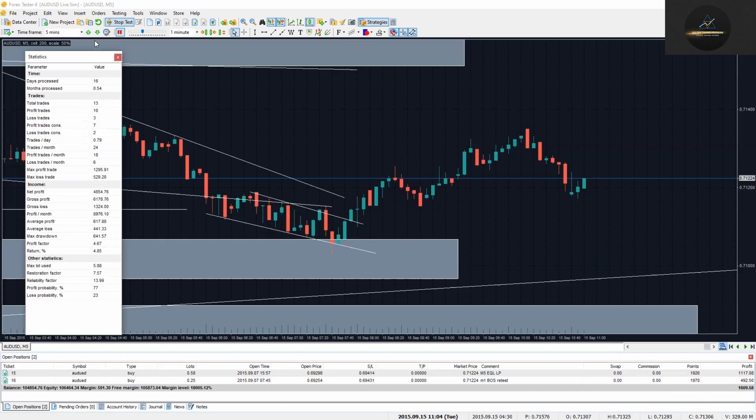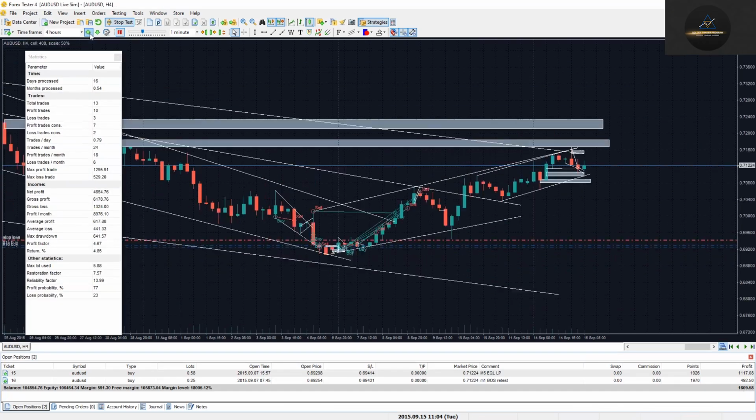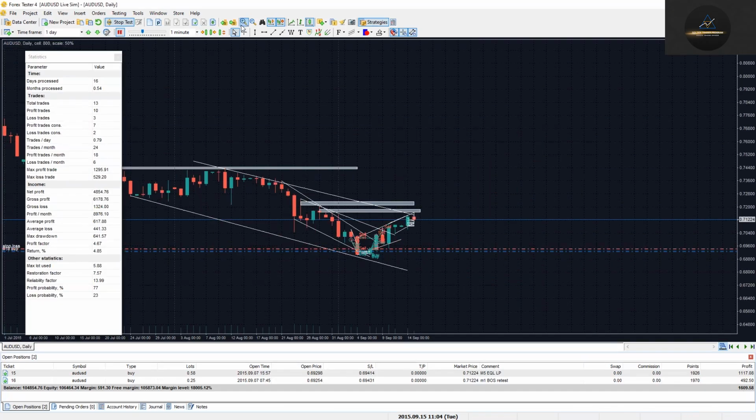So let's zoom out. I like to start off the simulator, let's just head over to the daily. Can we get a clean chart? By the way, when you're simulating, you can actually have multiple charts open.